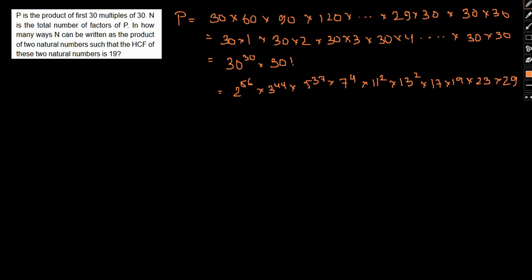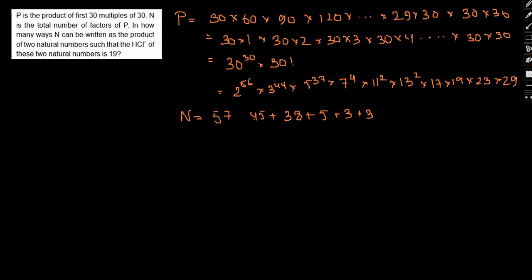Now, N is the total number of factors of P. So if we talk about N, it will be 56 plus 1, that is 57, 44 plus 1, that is 45, 27 plus 1, that is 28, 4 plus 1, that is 5, 2 plus 1, that is 3, again 2 plus 1, that is 3. Oh, N is the product, right? Sorry, my bad.